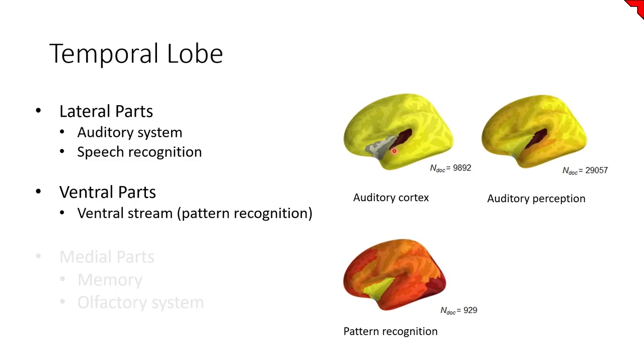So on the dominant side, for most people the left hemisphere, the secondary auditory cortex is important for the rational integration. So it's important for speech comprehension.